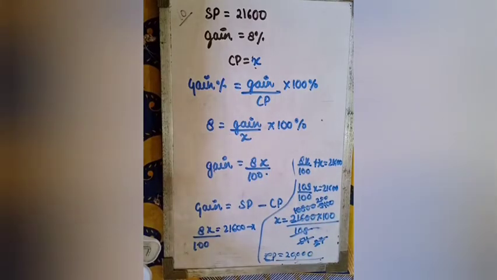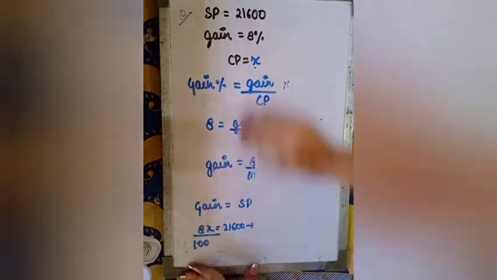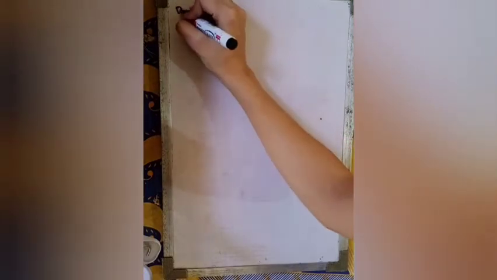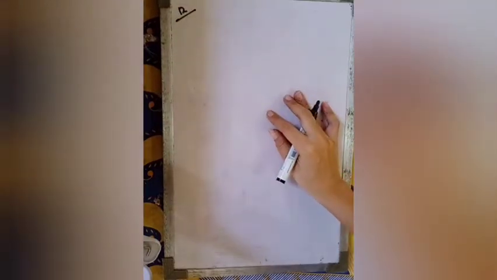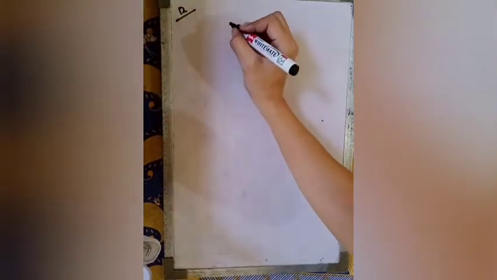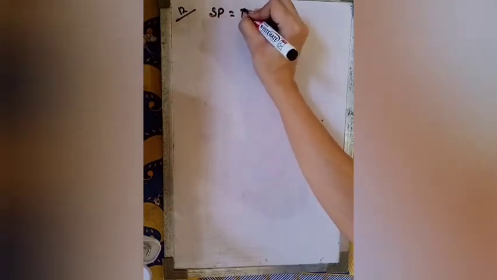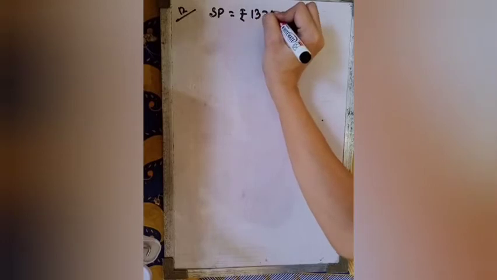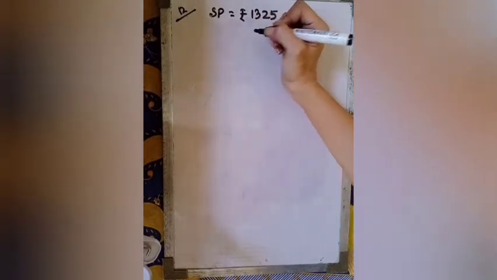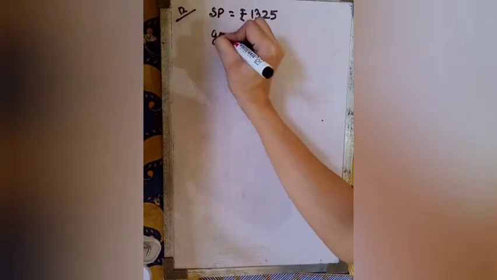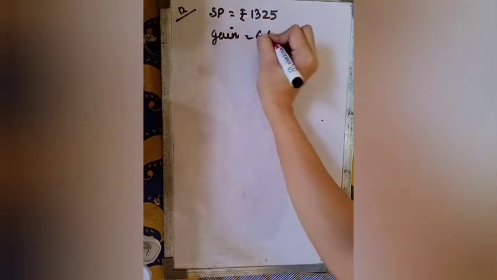Now see question number 12. Question number 12 says, on selling a calculator for rupees 1325, that means SP is 1325, a man gains 6%.